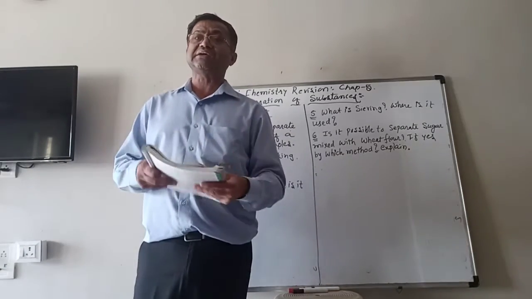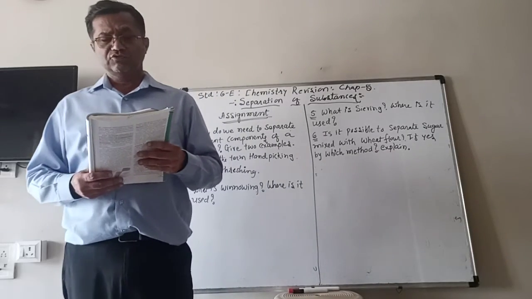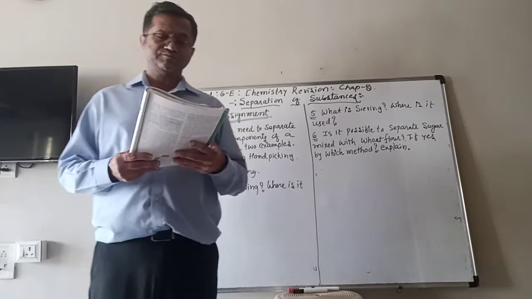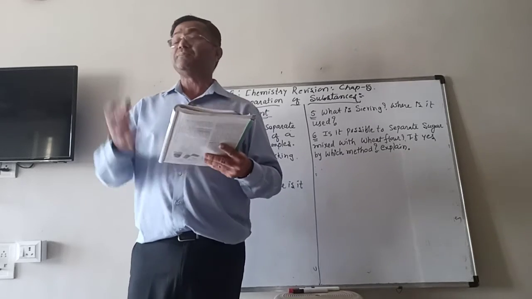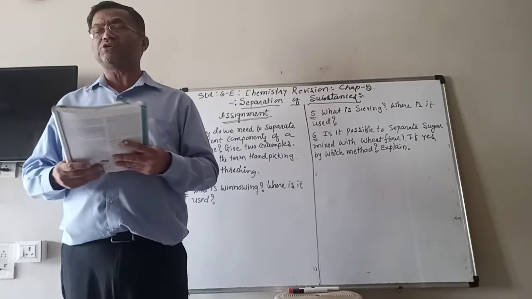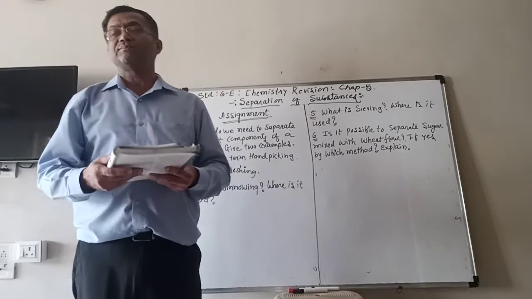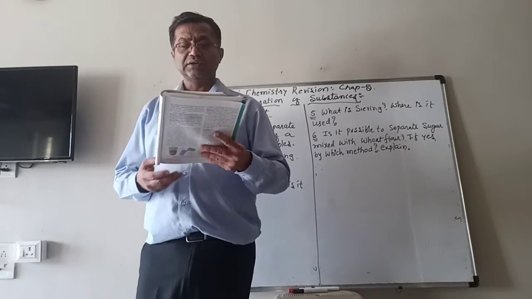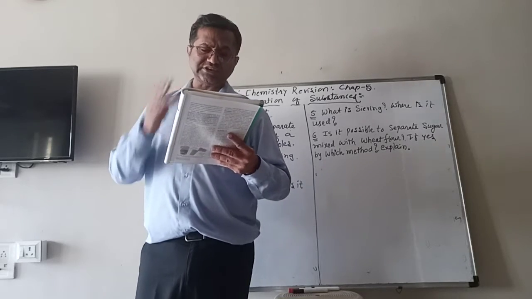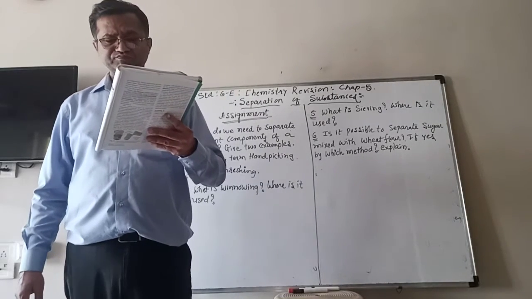She takes a charni, which is known as a sieve, which has very small holes, and the bigger impurities remain on that sieve and the flour comes down. That is known as the sieving method.